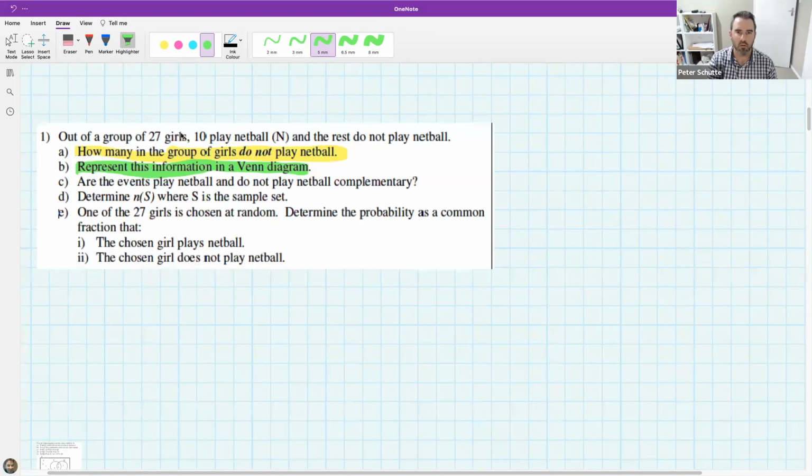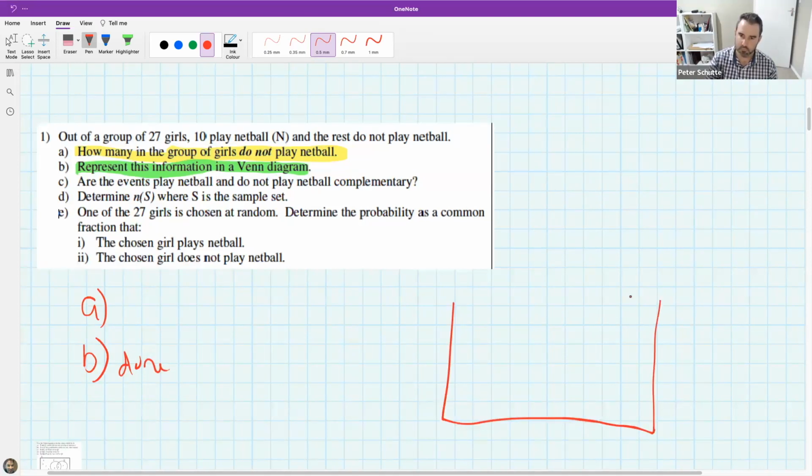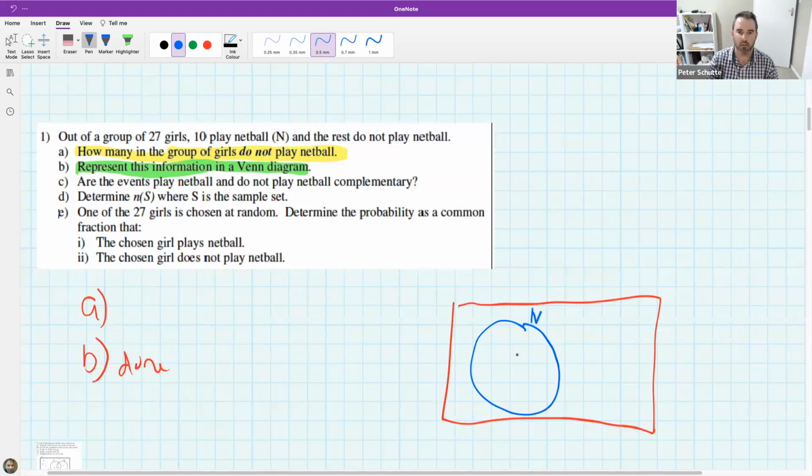So how many do not play netball? That's A. I want to know the answer. And then B, just say done when you're done with B. My Venn diagram looks something like that.